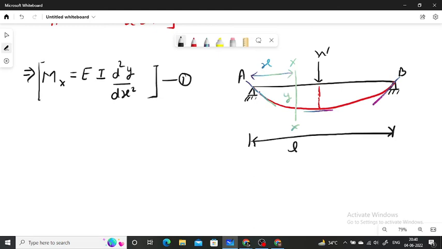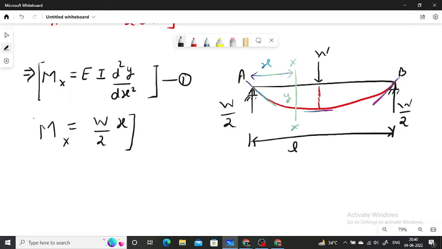And we already know that in the case of a simply supported beam, when a point load is acting at its middle, then the reactions at the end points are W by 2 and W by 2. We already discussed this in the topic of shear force and bending moment diagram. Now the bending moment about the section XX will be equal to W by 2 into x.